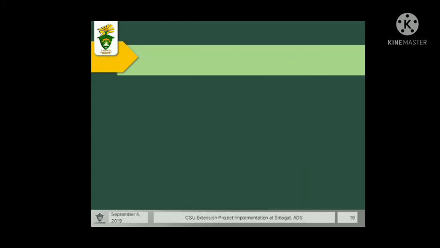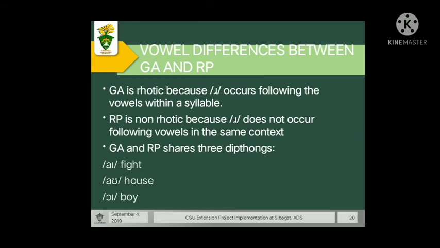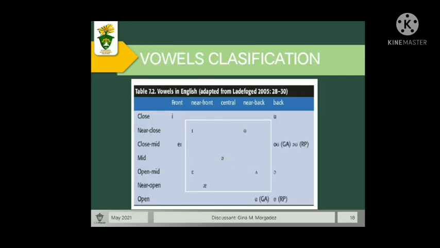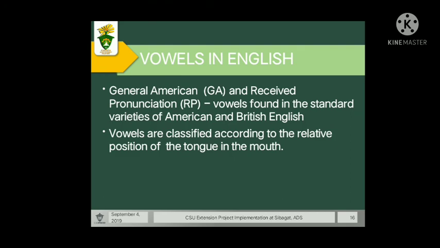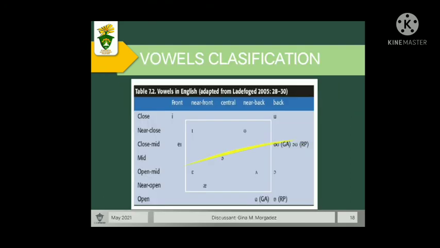So let's now proceed to the vowel differences in GA and RP, or General American. And what do we mean by RP? It is the received pronunciation.